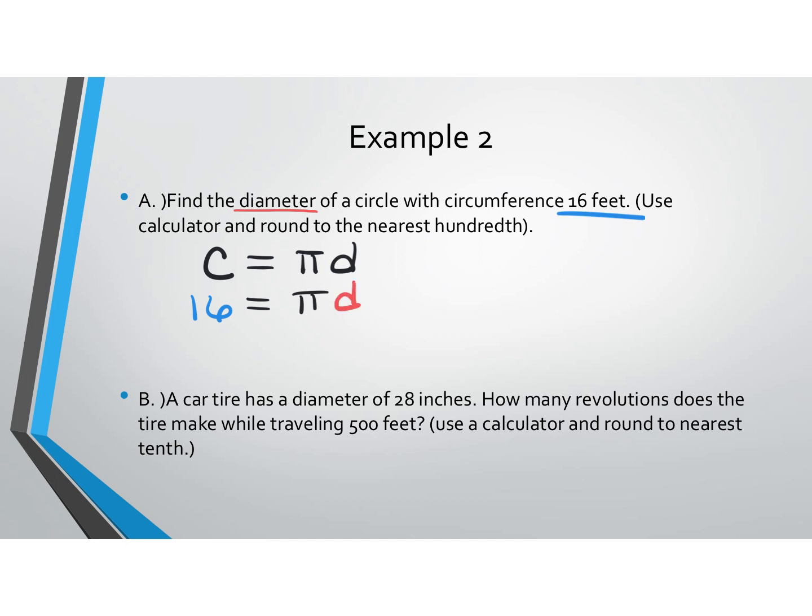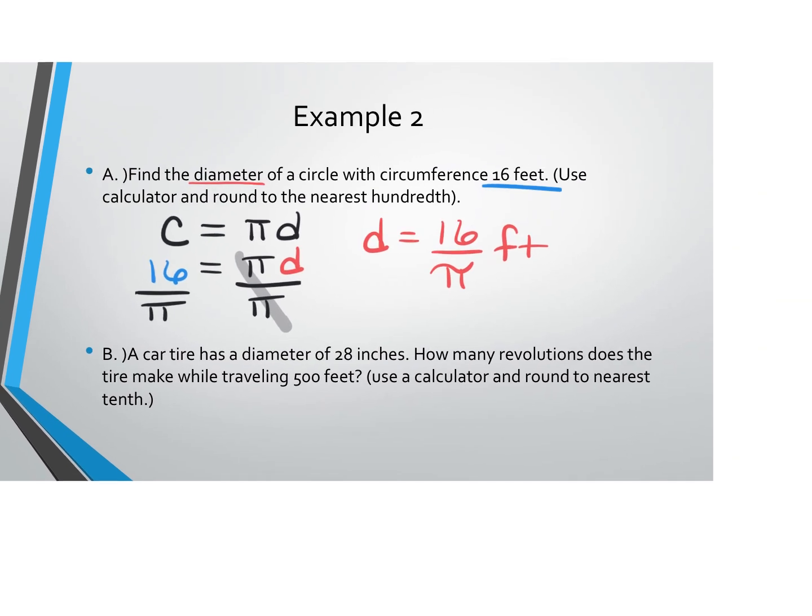So in order to get d by itself, all I have to do is divide both sides by pi. And the pi over here cancels. So d is all by itself now. So d is equal to 16 over pi. Now, if it said leave it in terms of pi, that would be my answer. But notice the instructions say to use your calculator.